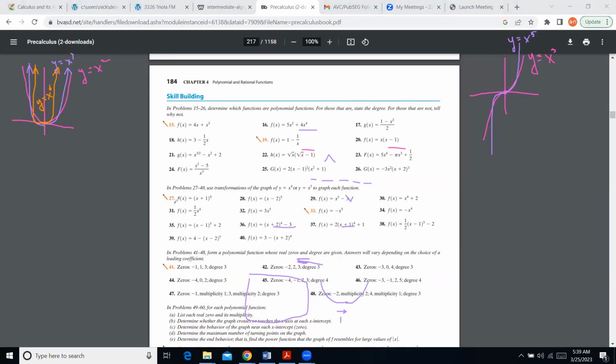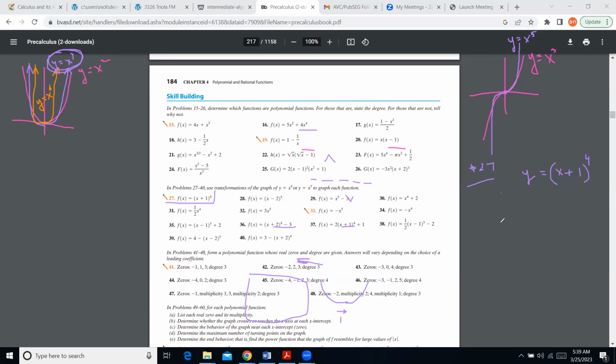For example, if I try to do problem number 27 that wants me to graph y is equal to x plus 1, and now it's raised to the power of 4, well, you still need to deal with the fourth degree parabola, the one that I have here on the left side.